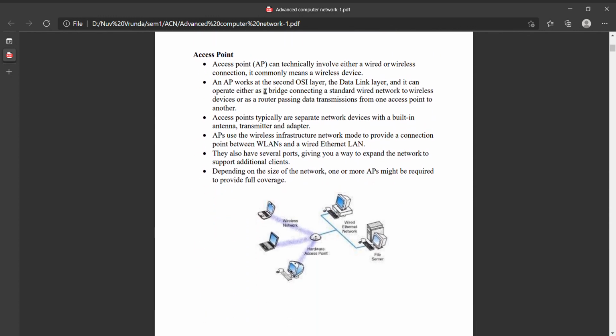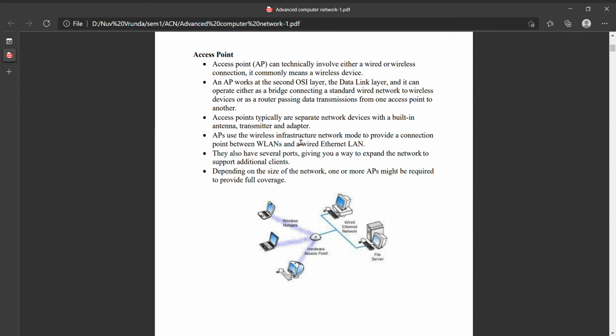What is an access point? An access point technically involves either a wired or a wireless connection. Okay. An access point basically works at the second OSI layer, the data link layer, and operates as a bridge connecting a standard wired network to a wireless network. Access points typically are separate network devices with a built-in antenna, transmitter, and adapter.